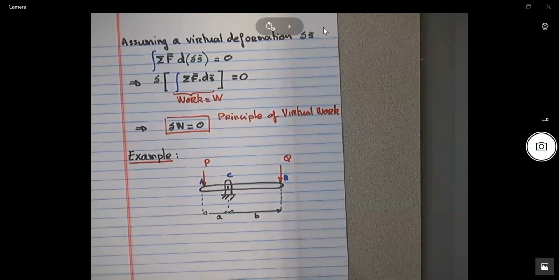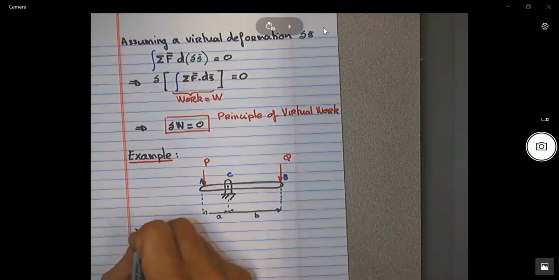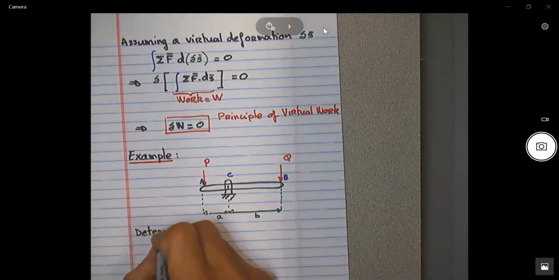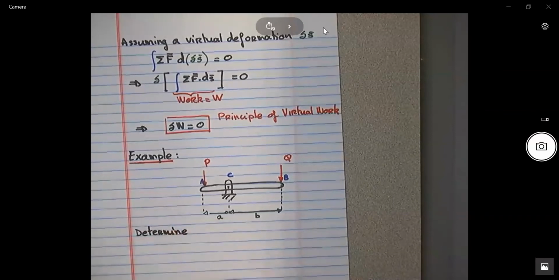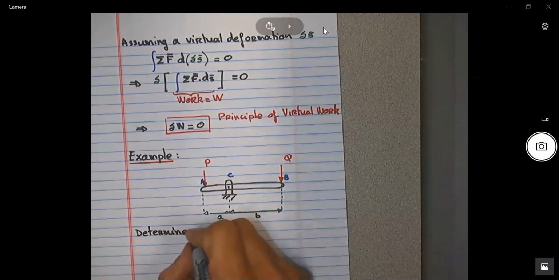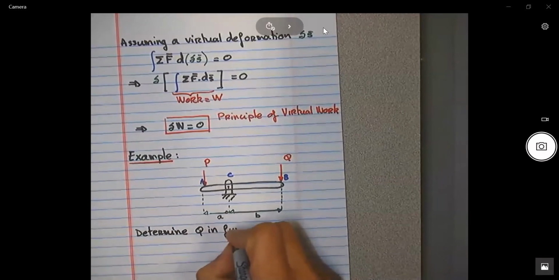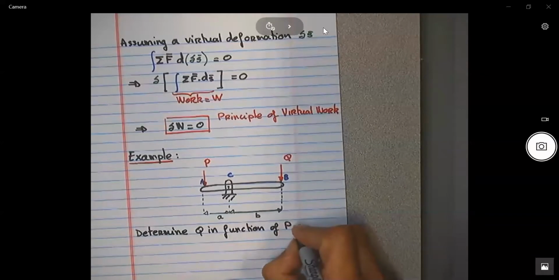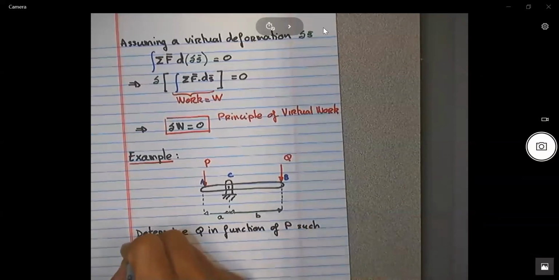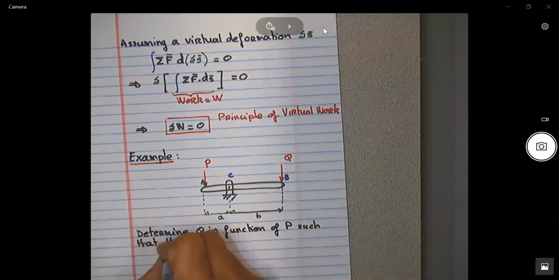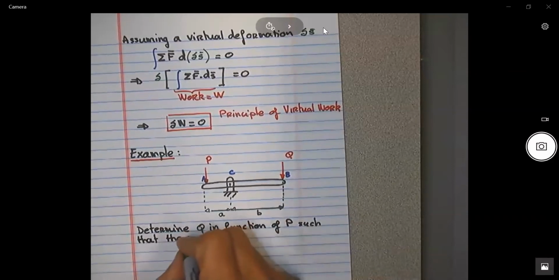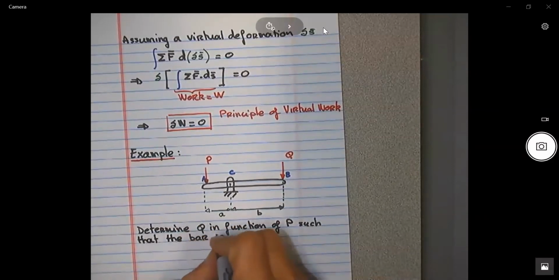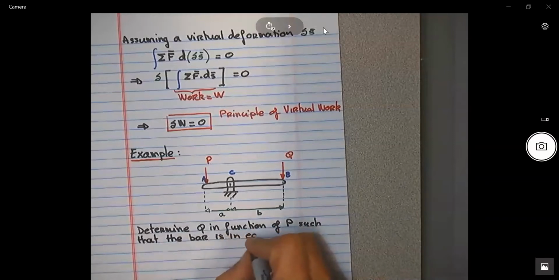The question here is to determine Q as a function of P such that the bar is in equilibrium.